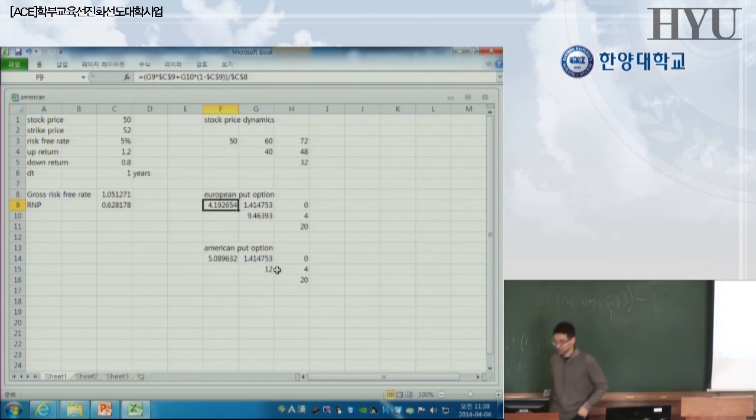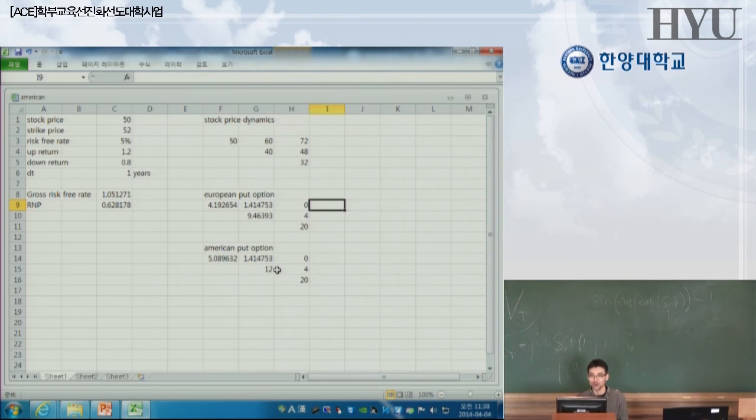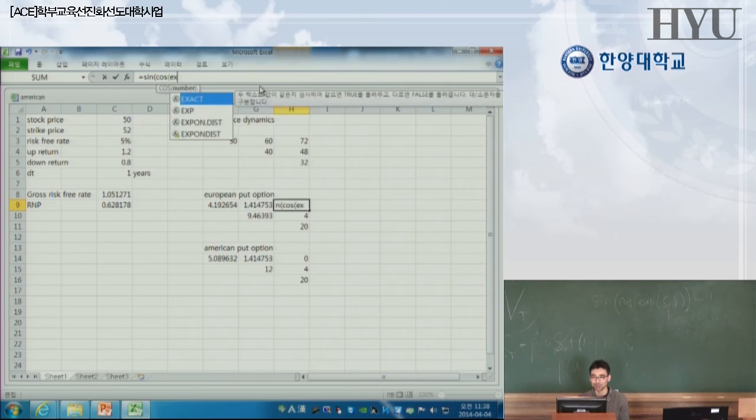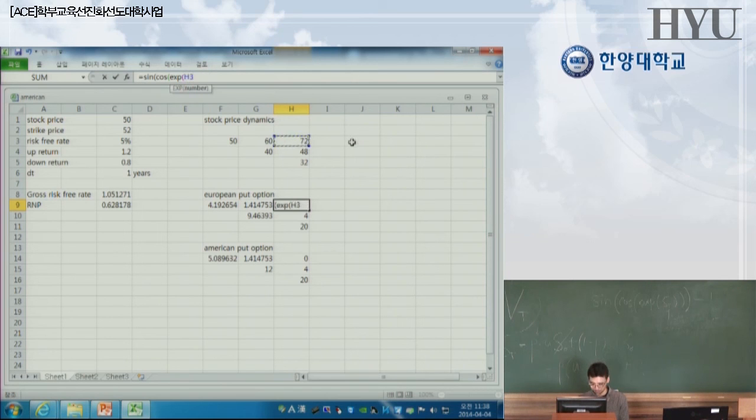That's very easy. We can simply change this last part. So sine, cosine, exponential of this one, minus 1.